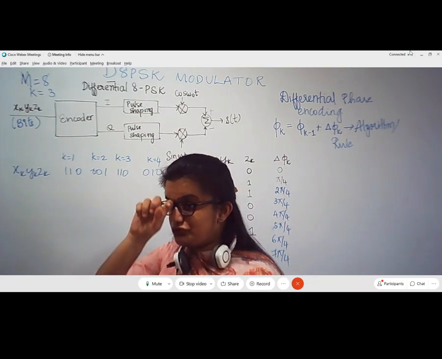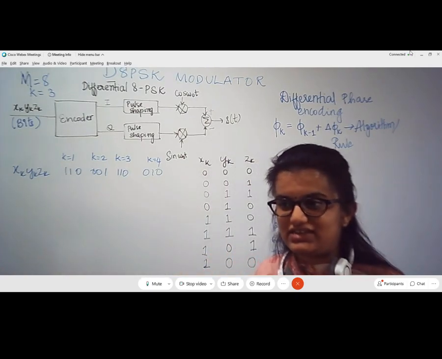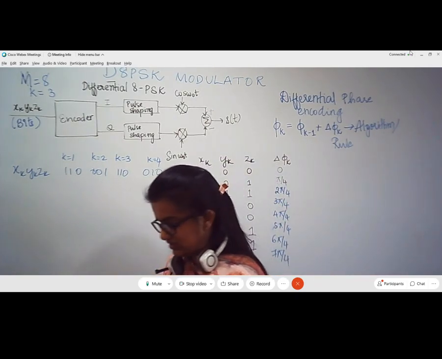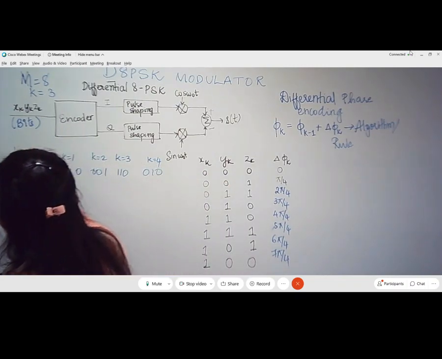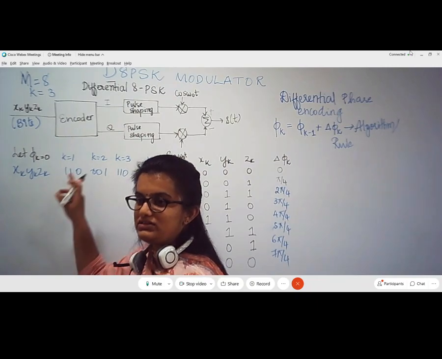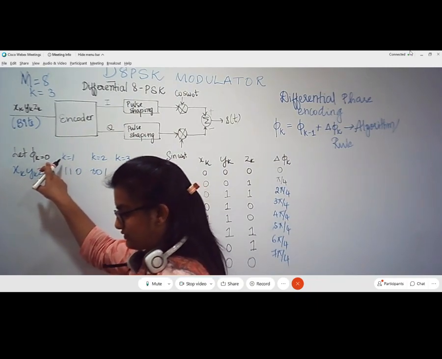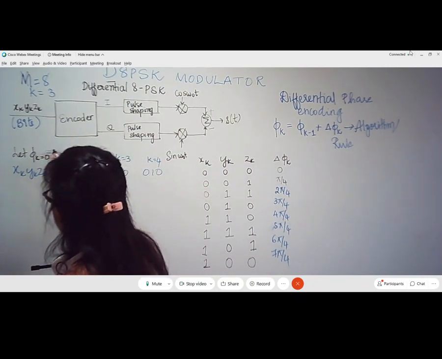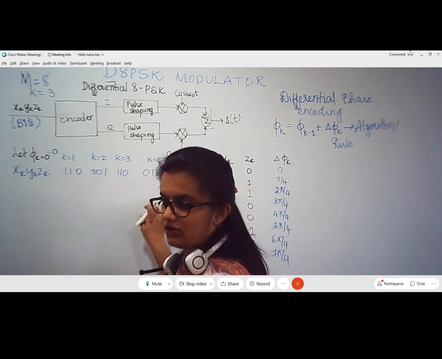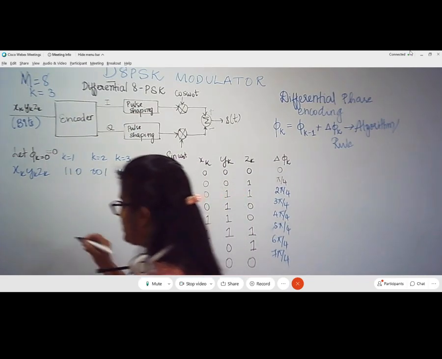I want to do the differential phase assignment while transmitting these symbols. To do that, I assume that we need an initial phase at time instance k equal to 0. The phase of the carrier at k equal to 0, we assume to be 0. That means to start off, it will lie along the x-axis. That is our assumption.